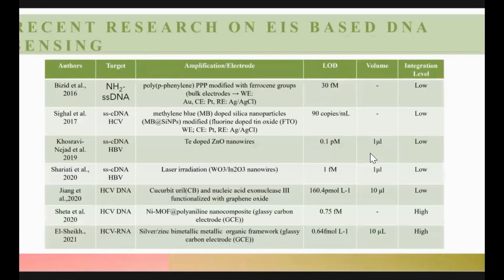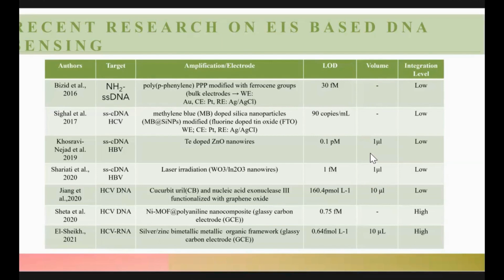So if we look at the literature quickly, we can see that researchers have been working on it since the last decade maybe. They have been able to reach up to femtomolar range of LODs. But the issue is that most of them have adopted faradaic electrochemical biosensing. So the faradaic sensors have the issue that they need some biomarkers for the detection.